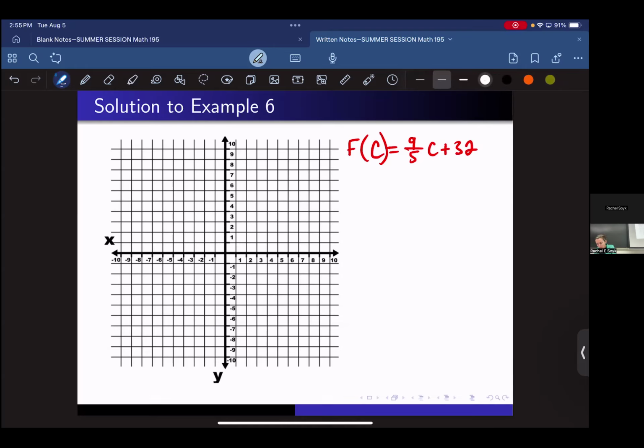I'm going to get rid of this scale. And then we'll go up by maybe fives. 5, 10, 15, 20, 25, 30.